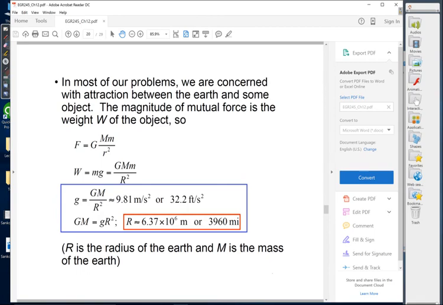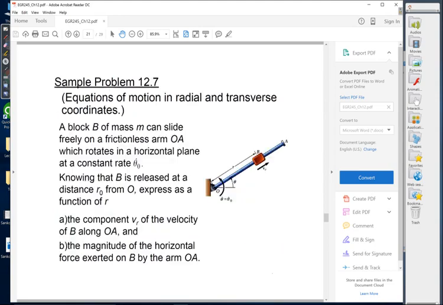So it's a good idea to memorize the radius of the Earth, because you're going to use it so much. And here they are. It is about 6.37 times 10 to the 6 meters, or 3,960 miles. And of course, you probably will be converting that 3,960 miles to feet, so remember that conversion, 5,280 feet per mile. All right, so now, circular orbits.